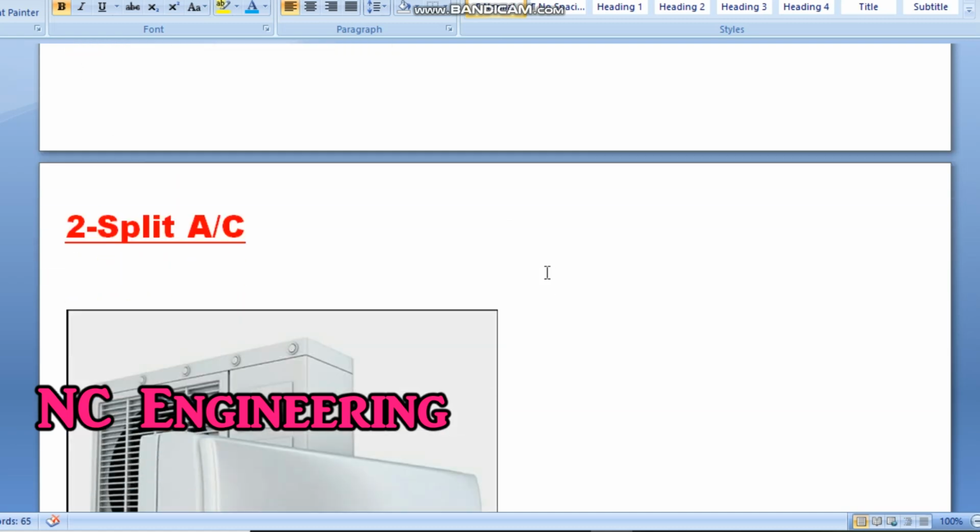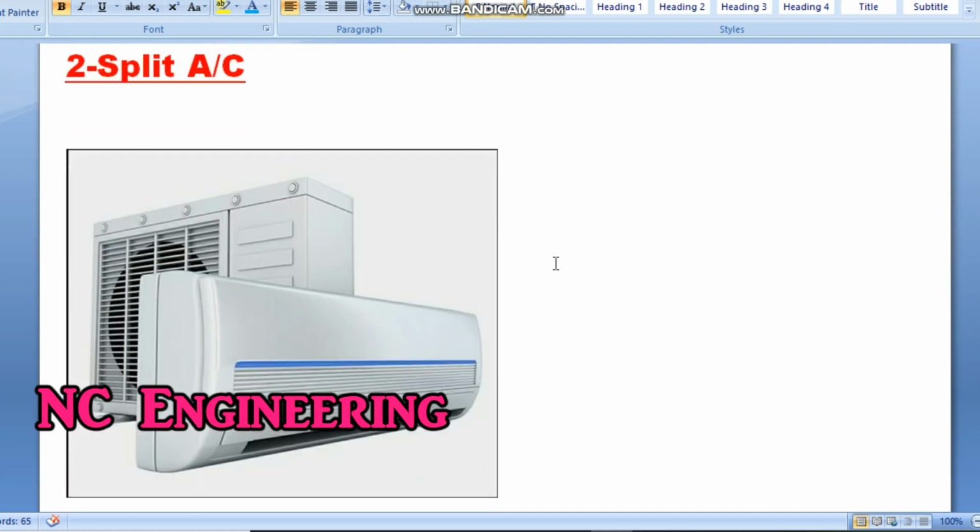There is one advanced version of it, the split AC. It is used for medium range buildings also. A window AC is normally from 1 to 2 ton, but a split AC can range from 1 up to 5 tons. This unit is split in two parts.